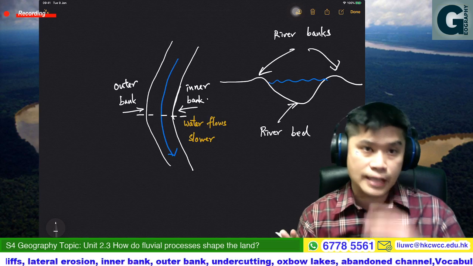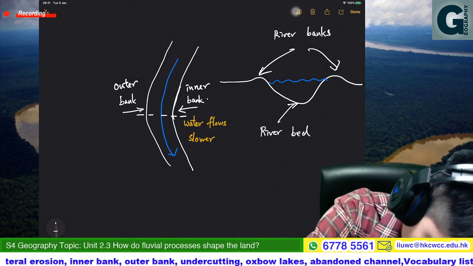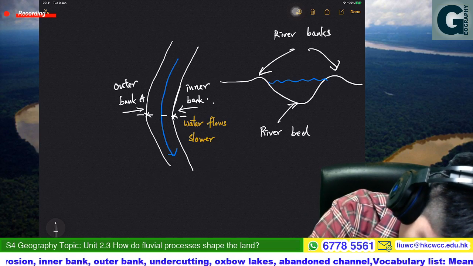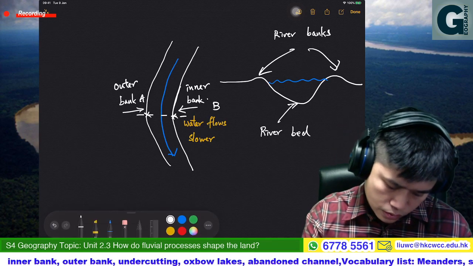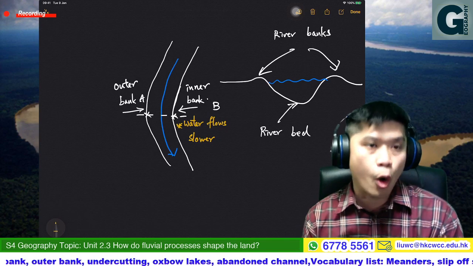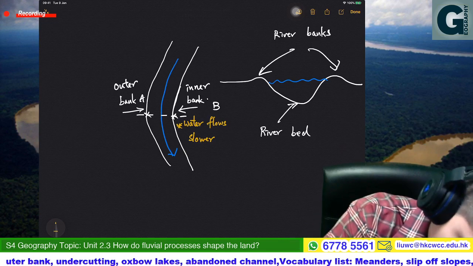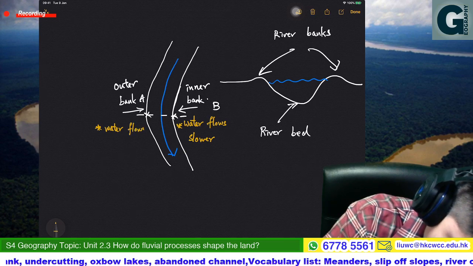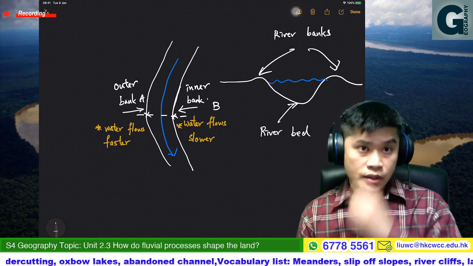If we draw the cross section, we will compare like this: point A at that side, point B on the inner bank. In the inner bank, the water flows slower. On the other hand, in the outer bank, the water flows faster. That would be the first point.